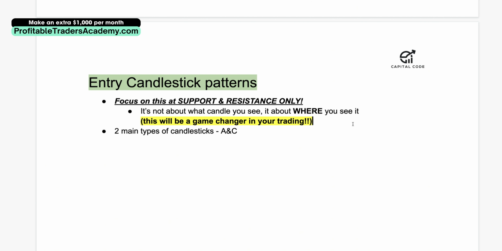And it also helped me build up my discipline and patience when looking for these particular entry signals inside of the market. So there are 2 main types of candlesticks. There are aggressive candlesticks, and then there are conservative candlesticks.